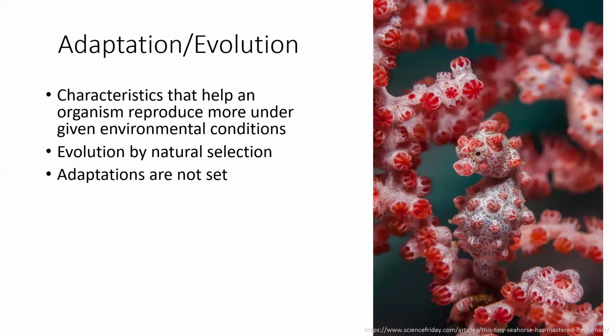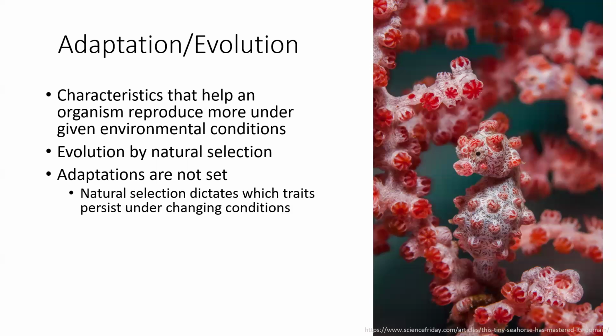If it suddenly turns into an ice age and there's snow on the ground, it might be less advantageous to be brown, and we would see maybe a different fur color or hair color evolve over time. So that's the idea behind adaptations not being set. They can change based on what types of advantages are available. This natural selection process dictates which traits persist under changing conditions. So again, we'll talk more about natural selection.